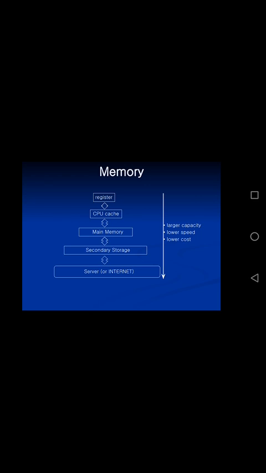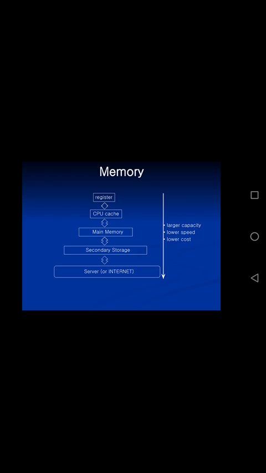Register is the smallest memory element in the computer, and it is very near to the processor. Processor means a combination of CU and ALU.